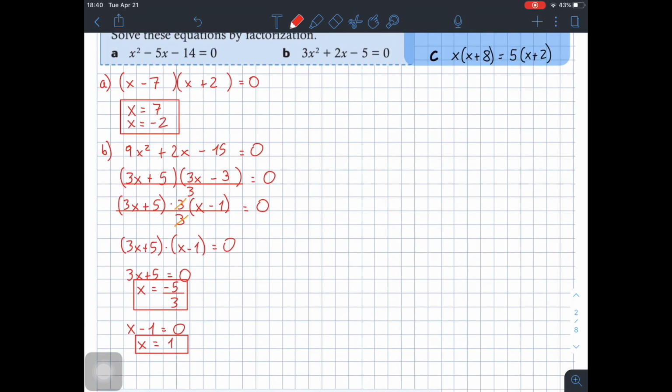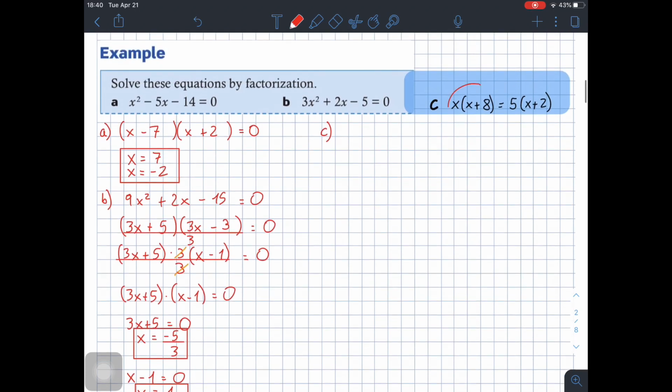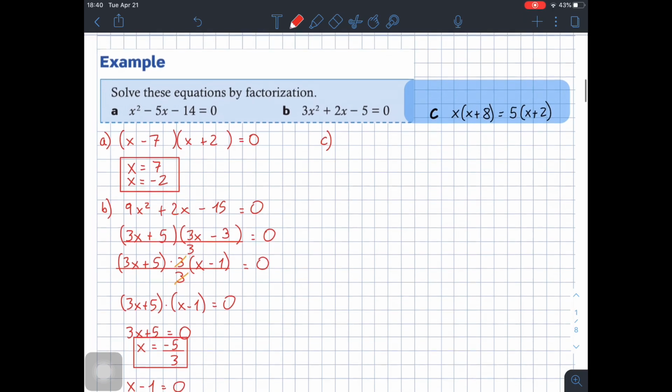Finally, for part C, I'm going to do that here. It says x times x plus 8 equals 5 times x plus 2. Okay, so this seems to be a little bit difficult, but it's actually not difficult. We just need to expand this, multiply, and then organize the terms, and we would solve this normally.